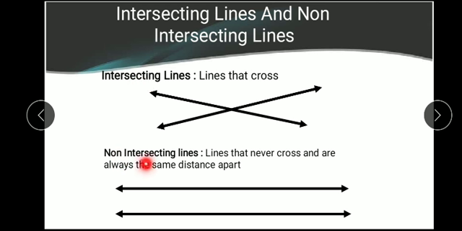The converse is non-intersecting lines: lines that never cross and are always the same distance apart. They will never cross, and they are at the same distance. So those lines are called non-intersecting lines.